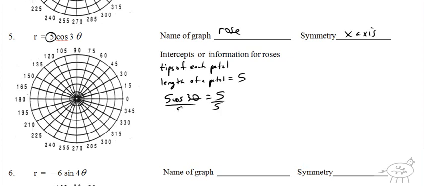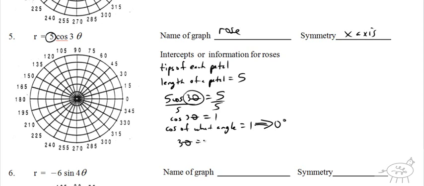So let's divide by 5. So I get cosine of 3 theta is equal to 1. Okay? And then you're going to say, the cosine of what angle equals 1? Won't you guys agree it's 0 degrees? So I'm going to say that 3 theta equals 0, because that's what I'm taking the cosine of.